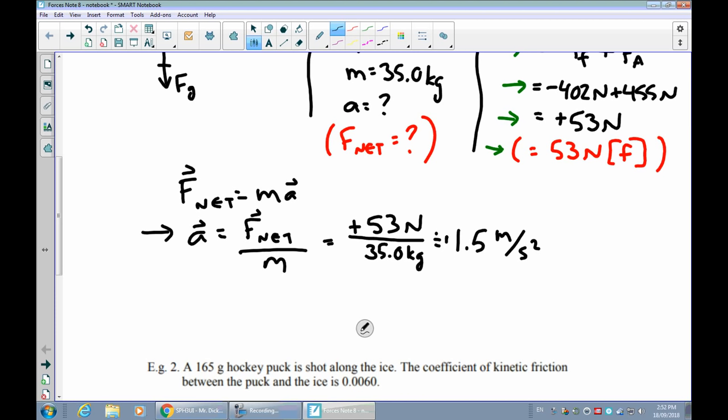Now, technically, in your therefore statement, it's good to remember that you got a positive answer. So really, what this means is that we got 1.5 meters per second squared in the forwards direction, or that direction we defined as positive in the first place. So this object is accelerating in the direction of its applied force, because that also happens to be the direction of its net force.